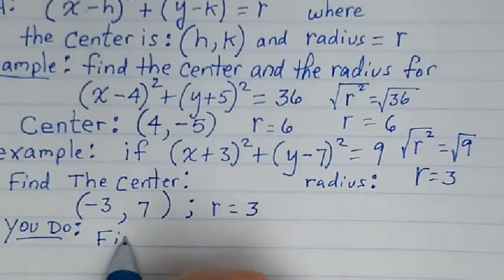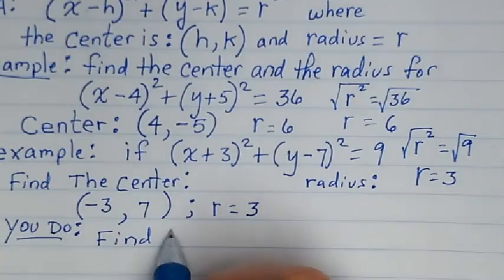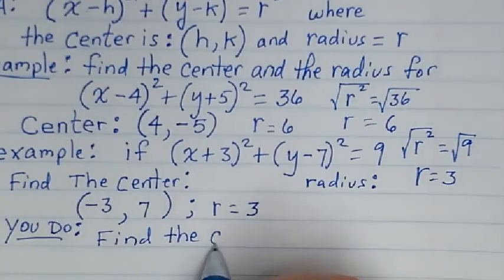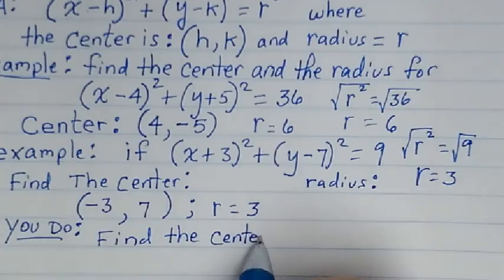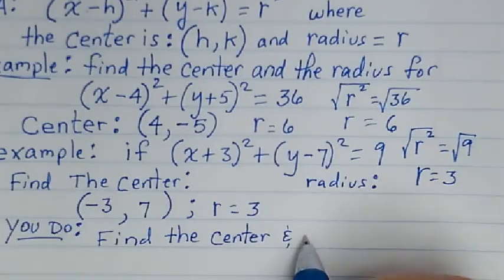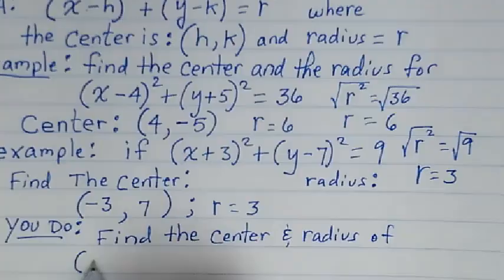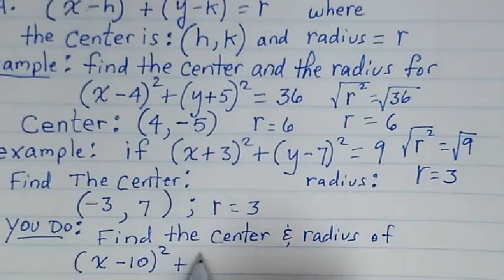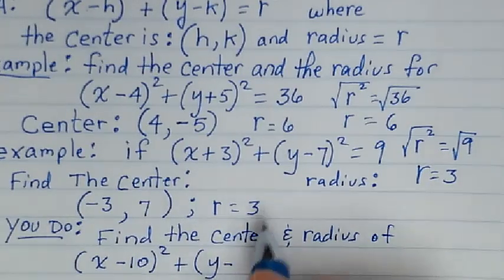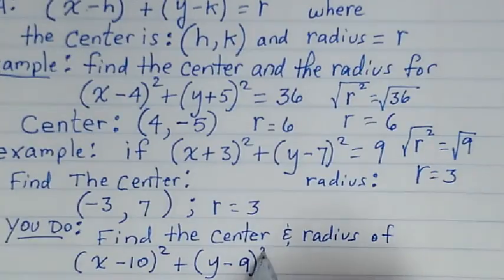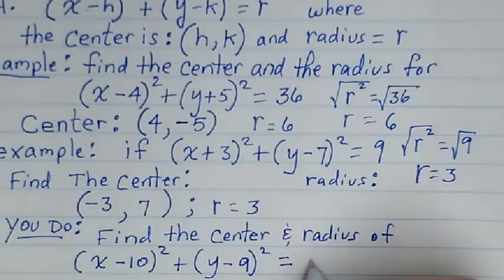Find the center and radius of, wait for it, x minus 10 squared plus y minus 9 squared equals, oh, I'm sorry, hello.